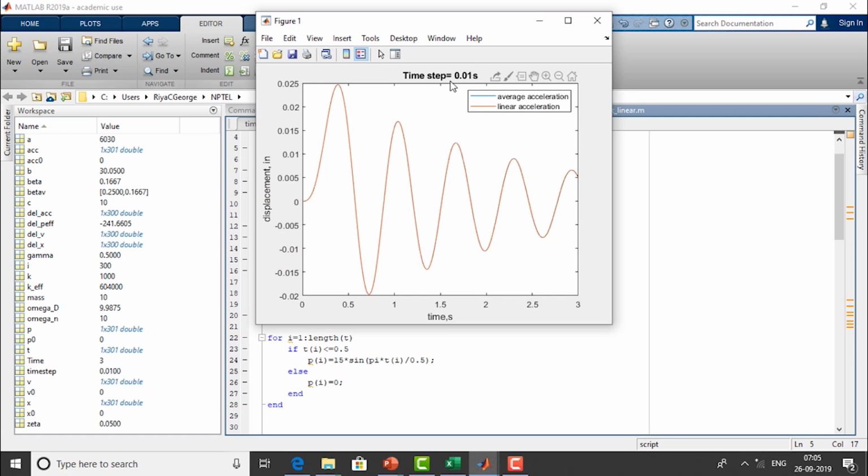When the time step is very small, that is when the time step is 0.01 seconds, both methods, the average acceleration method and the linear acceleration method, give the same values. So both the curves have overlapped here when the time step is very small. Now let's see for higher values of time steps. Let's understand how the responses using these two methods vary from each other.